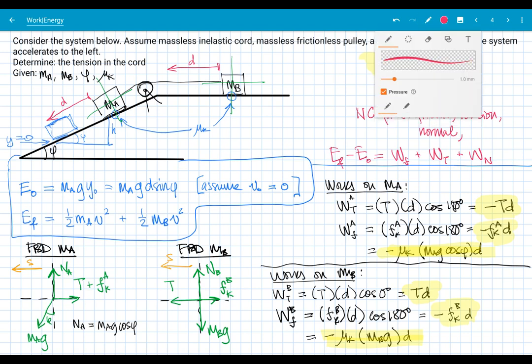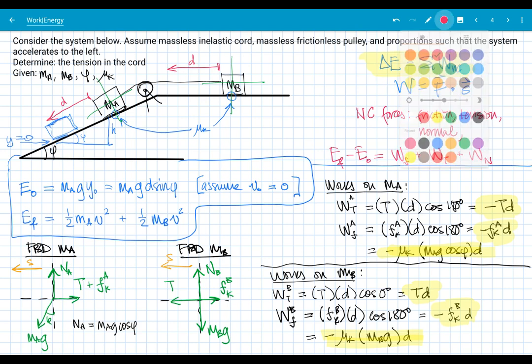You've seen this before, where the work done by tension sums to 0. That happens when you look at the whole system. Because we're looking at this as a system, we're going to sum the works done on both blocks, and it's that that causes the tension term to go away. I just want to make that really clear.